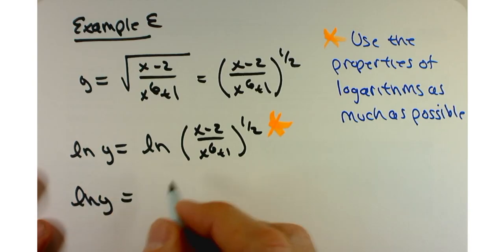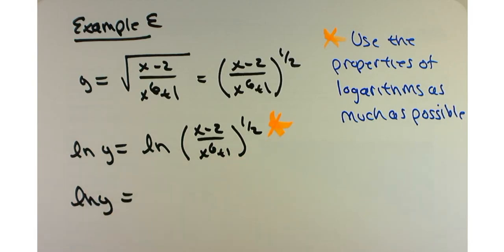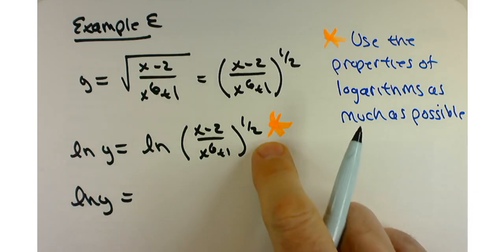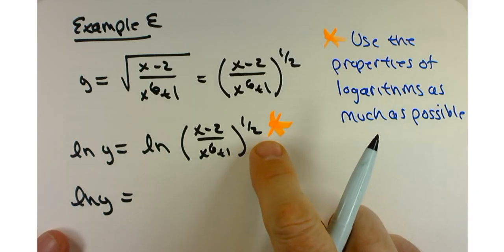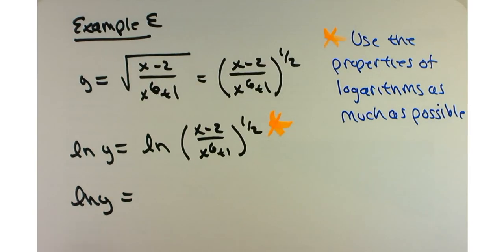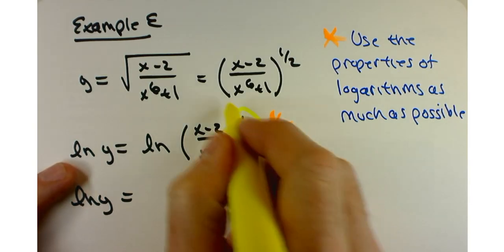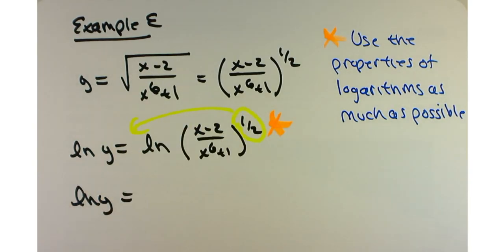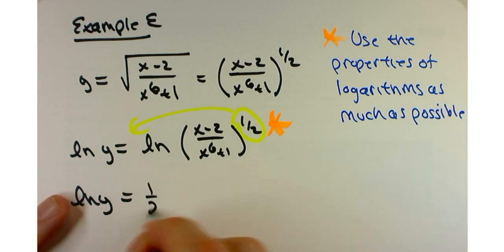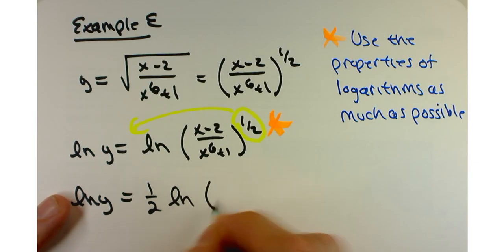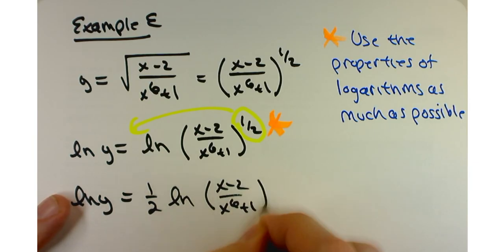We can use a quotient rule, but before we use a quotient rule, we've got to do something with the 1/2. So we'll use the power rule first. The power rule is going to take that 1/2 out in front. So it's going to be 1/2 the ln of x minus 2 over x to the 6 plus 1, like that.